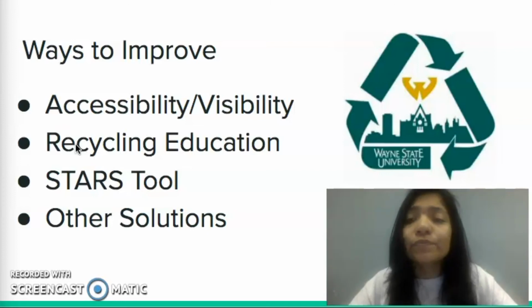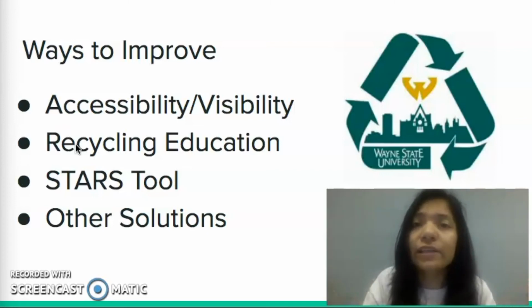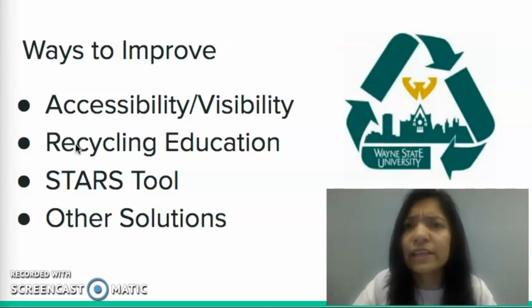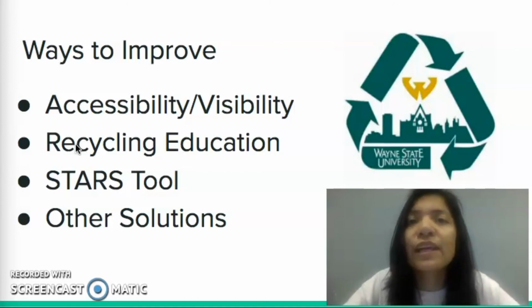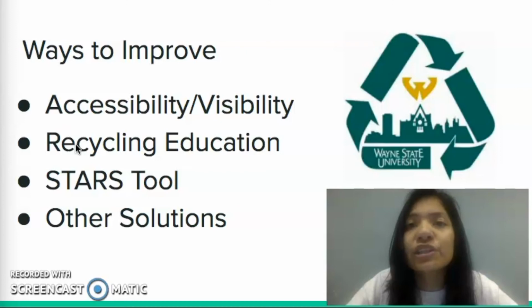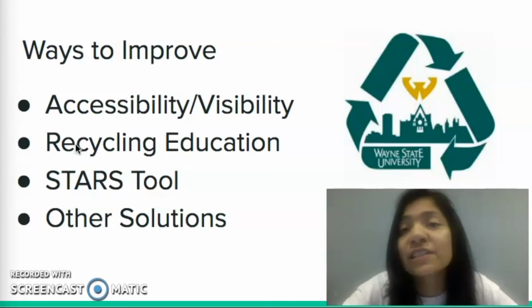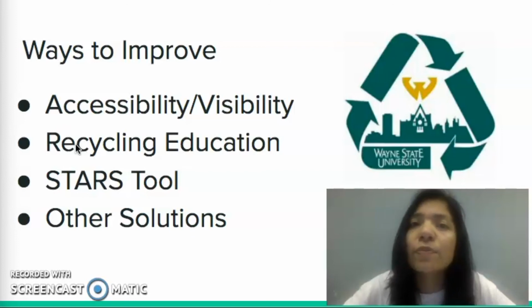And other solutions that we have are increasing the personnel here at Wayne State that are in the Office of Sustainability. And by doing that, we've come up with a plan to potentially have an internship program start here at Wayne State, or maybe create a work study position that will allow a student to work at the Office of Sustainability and also help themselves get money.